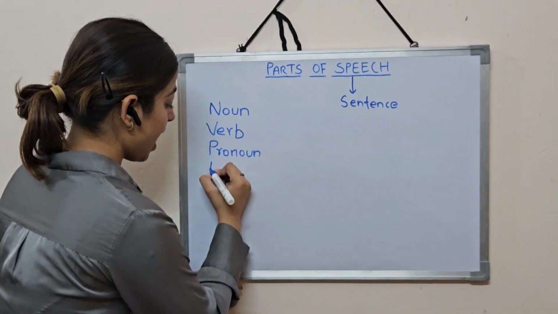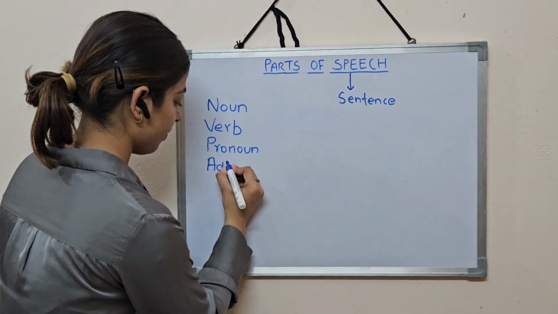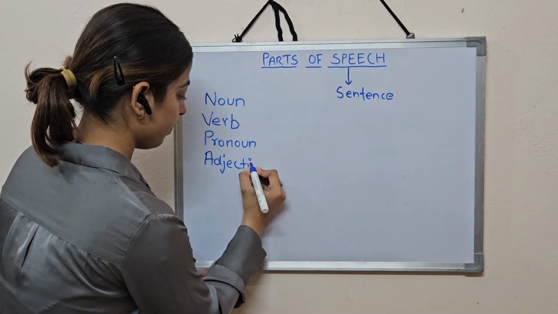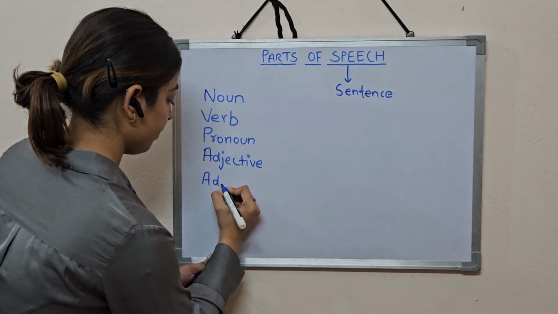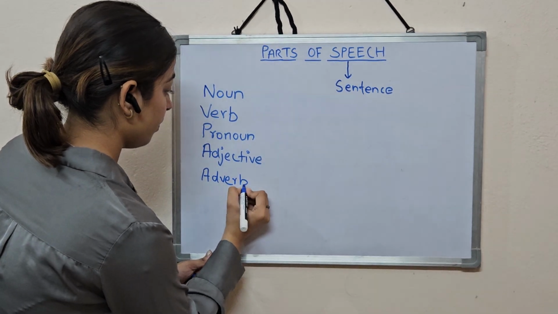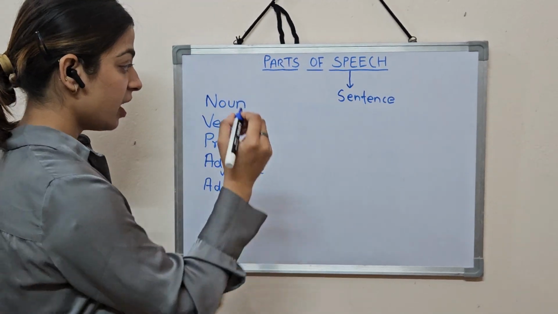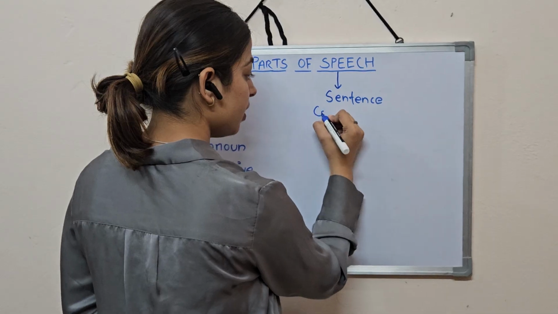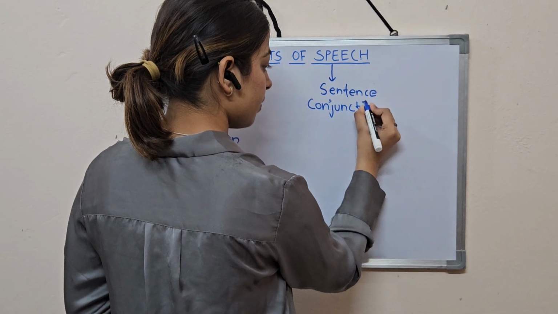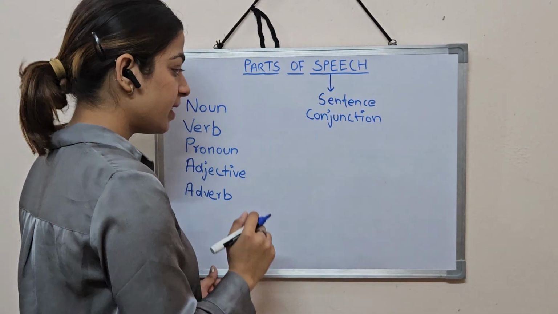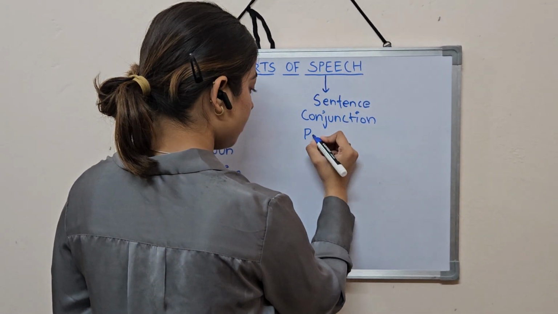Next is adjective. The fourth one is adverb. The fifth one is conjunction. Sixth is preposition.